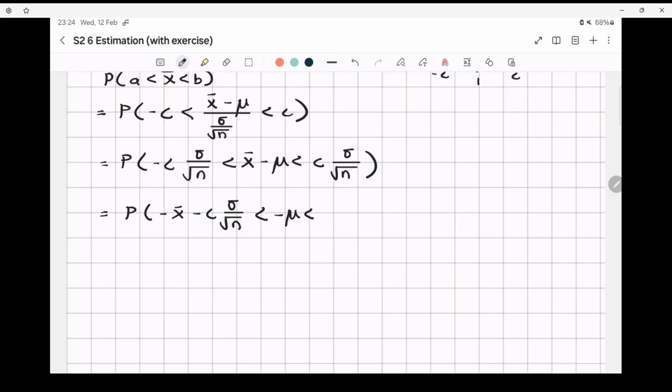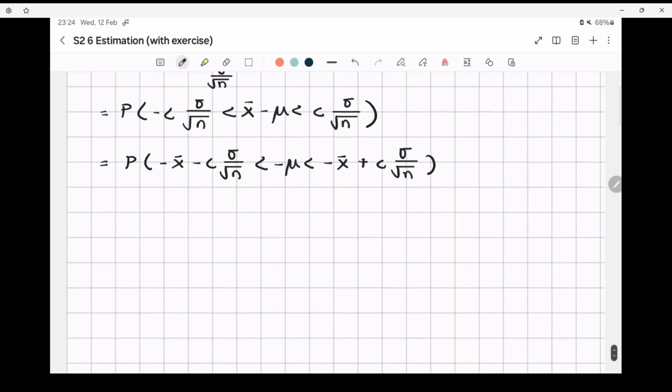On the right side, you have minus x bar plus c times sigma divided by square root n. So you want to get rid of the minus sign, so in the end you multiply everything with the minus sign. Then you need to change the direction of your inequality.